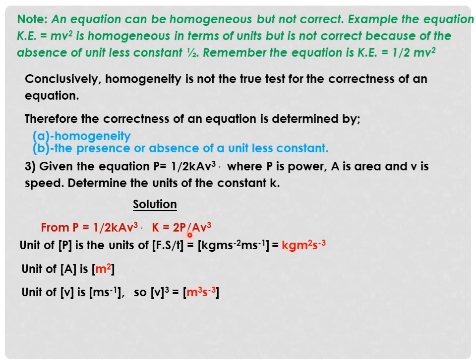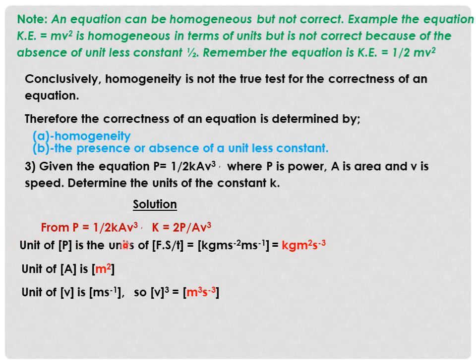We have 2P on AV cube. If we cross multiply, we will have K standing all by himself on the left-hand side, and on the right-hand side, we'll have 2P divided by the product of A and V cube.